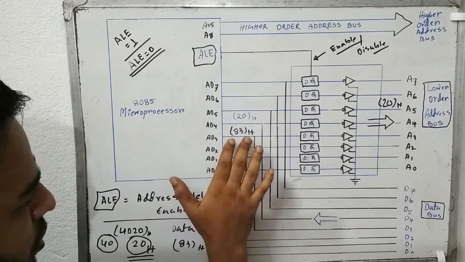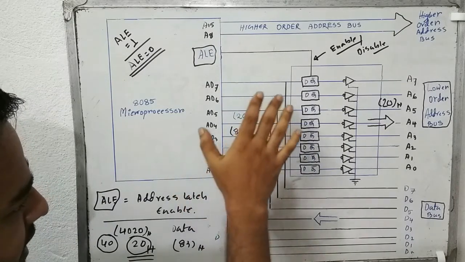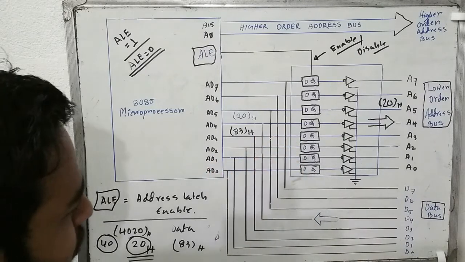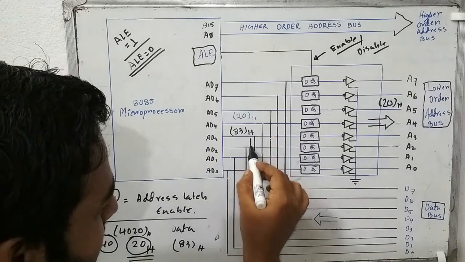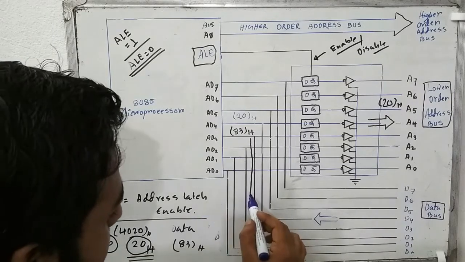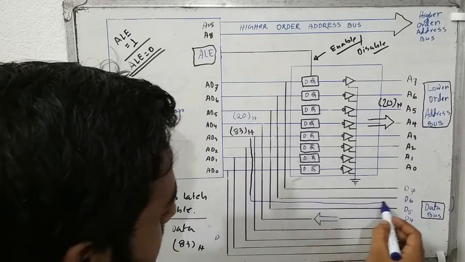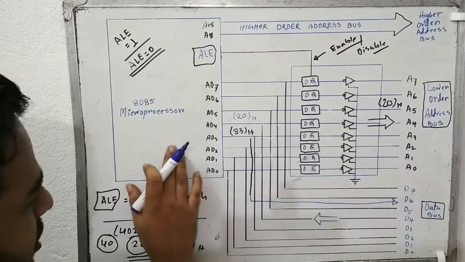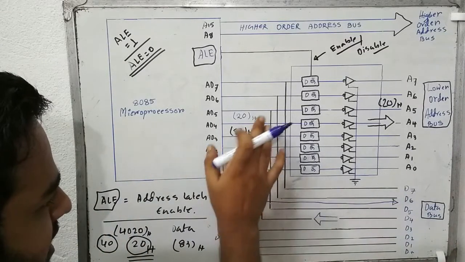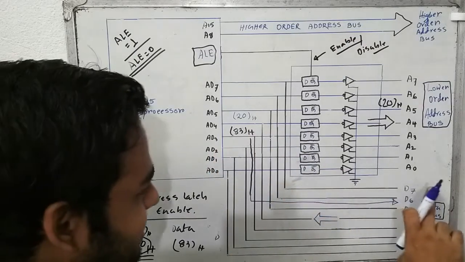So the data will find the alternative way, which you can see as the black line here. The data will flow from this line and go to the memory. So if the microprocessor wants to send some data to the memory, the data will flow through this data line.